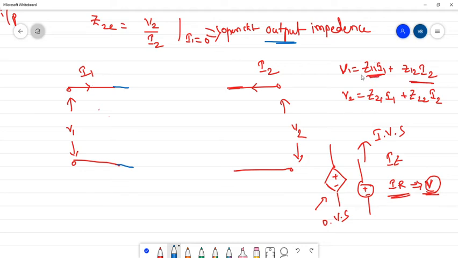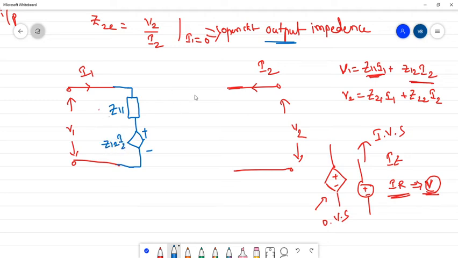Z11 is nothing but the input impedance, and impedance is nothing but resistance. Either you represent it as a resistance or a block. So this is Z11, which is resistance, and then the second parameter, which is Z12 I2. This is a voltage source depending upon the current I2, so I am drawing it like this, a dependent voltage source having the value of Z12 I2.